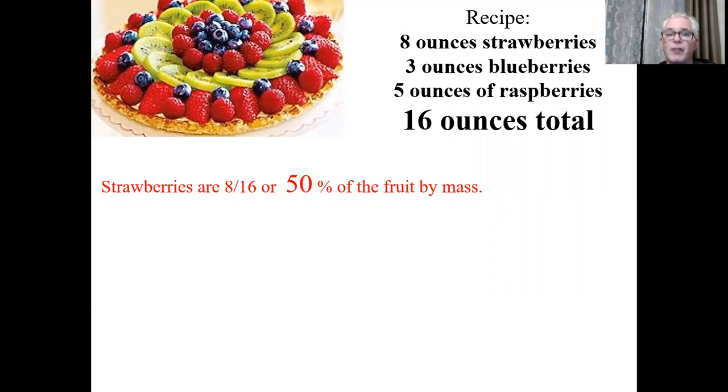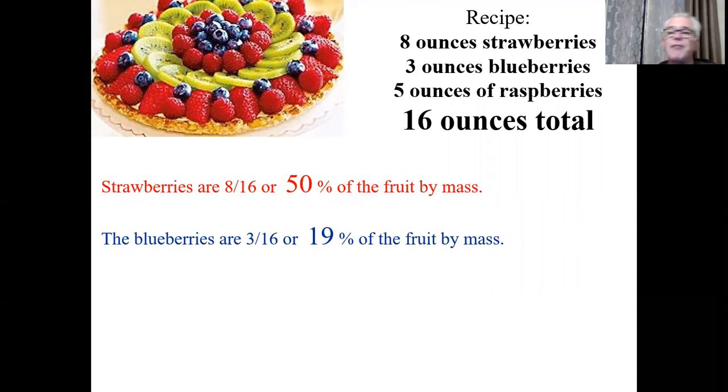What about blueberries? Blueberries, 3 out of 16. Now, a little hard to do in your head, right? But 3 divided by 16 times 100%, that's equal to 19%, right?